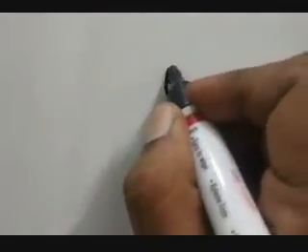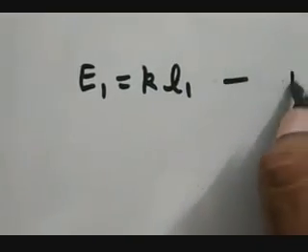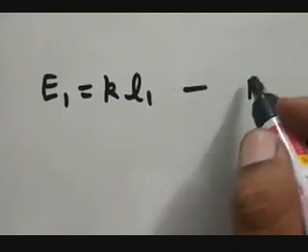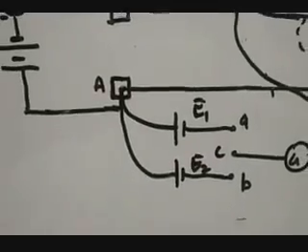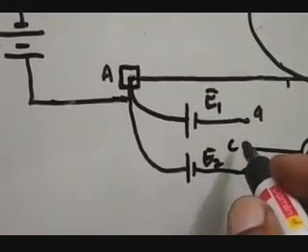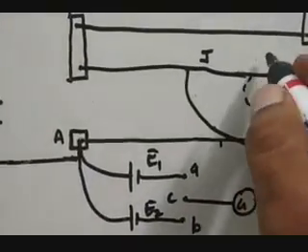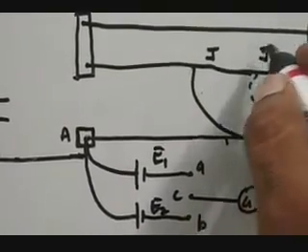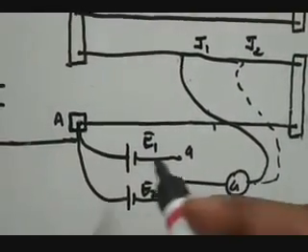So we can write E1 is equal to KL1. L1 is the length AJ1. Now the plug is inserted between B and C, and suppose the balancing length is obtained at J2. J1, this is J2, and AJ2 is L2.